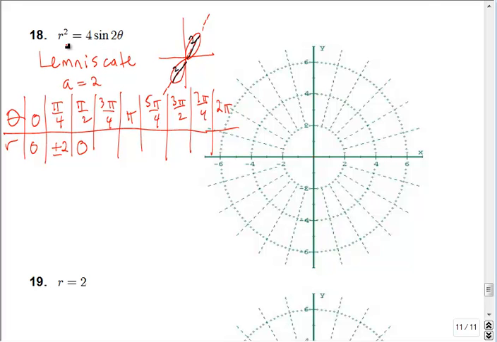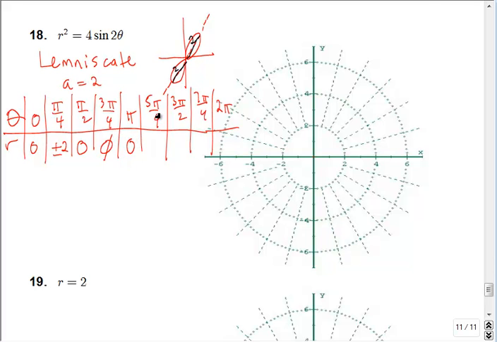Now, unfortunately, r squared can't equal a negative, so this actually has no value. There aren't any points to plot when we're dealing with 3 pi over 4. What happens at pi? Well, 2 times pi is 2 pi, sine of 2 pi is 0, so again, this right-hand side is going to be 0 again.